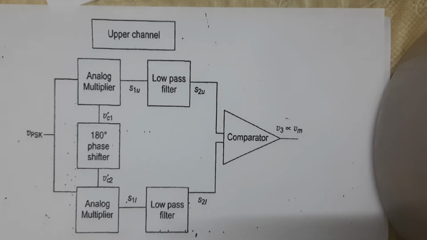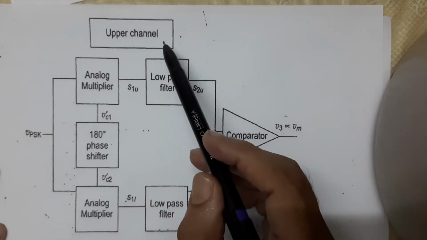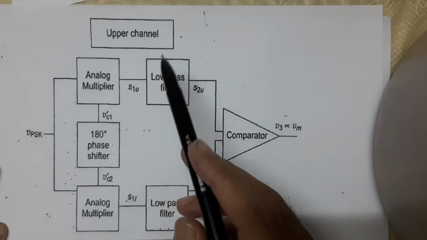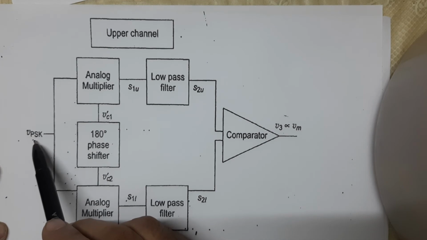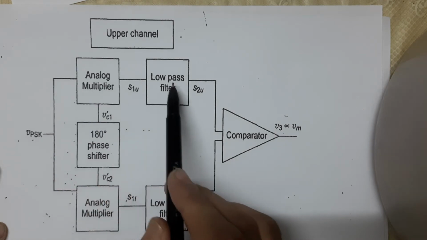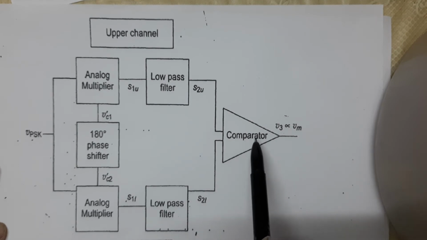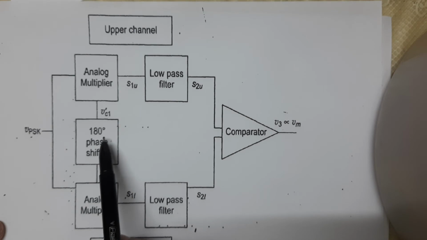Again, same way, there is an upper channel and a lower channel. In the upper channel, the PSK signal that we want to detect is given to the analog multiplier, then the low pass filter, and the output of the low pass filter is given to the comparator.